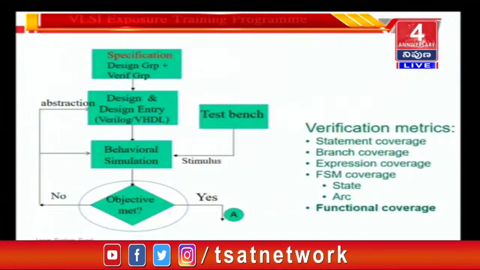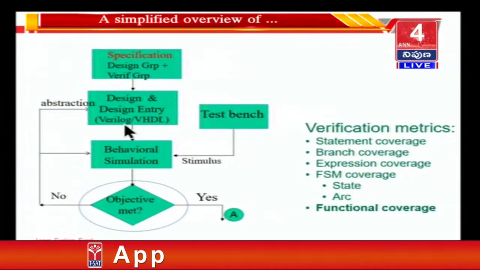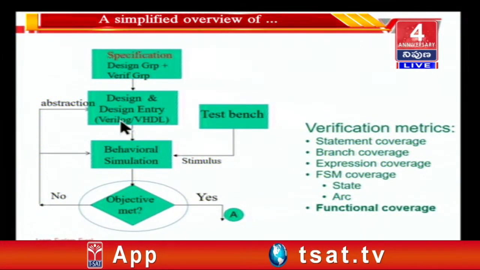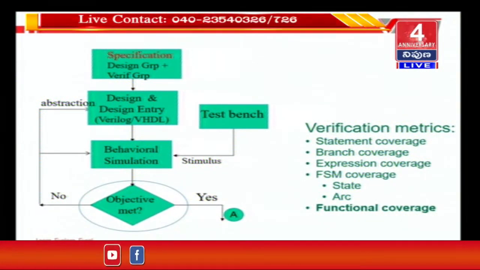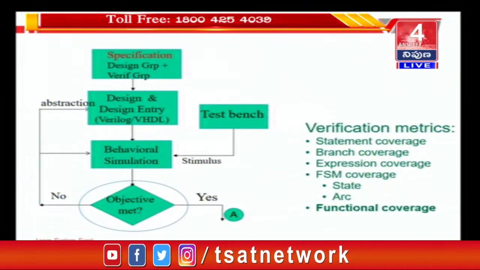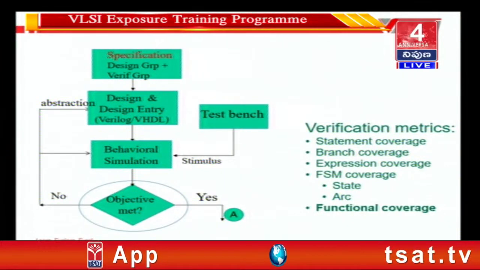What are the differences? The primary difference is that the ASIC development tools are meant for production of a chip, for manufacturing of a chip, whereas FPGA development tools are meant for putting a design into an already constructed, fabricated, manufactured part called FPGA.